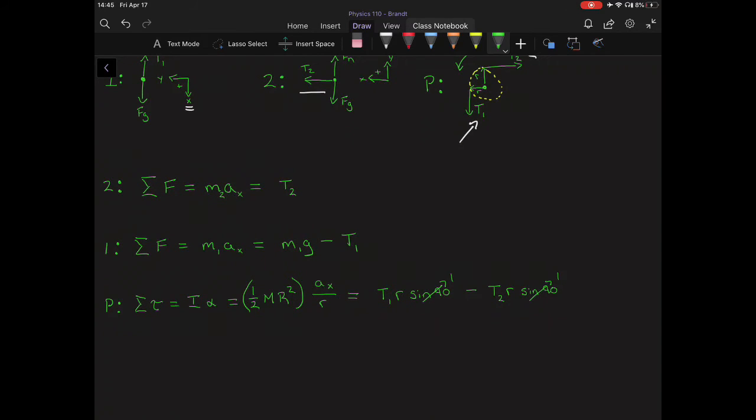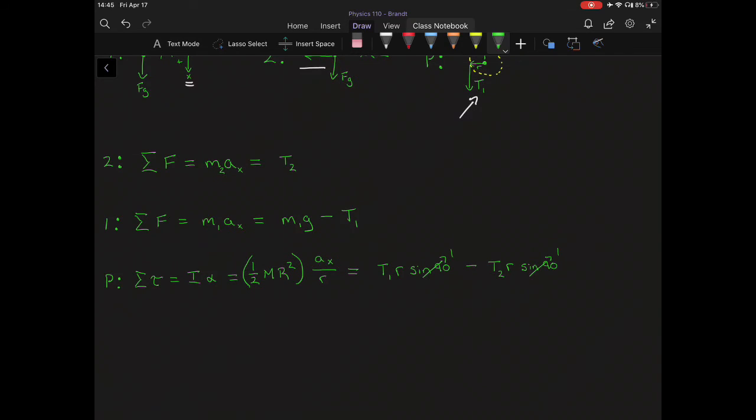So as we step through this, now we can start plugging in some of the things that are relevant to our equation and maybe make this a little simpler to read for our pulley. What this goes to is 1/2 the mass of the pulley times the radius squared times the acceleration in the x direction over R. Well, that over R is just going to cancel with that squared, so let's touch that up now.